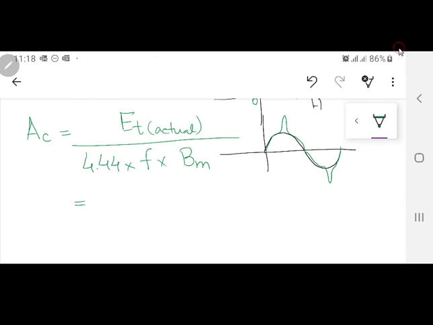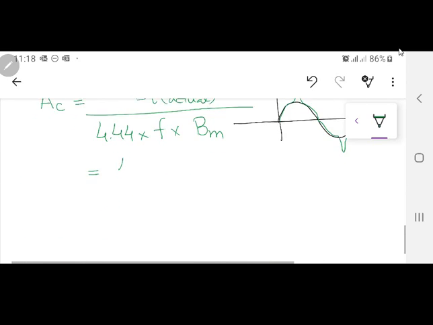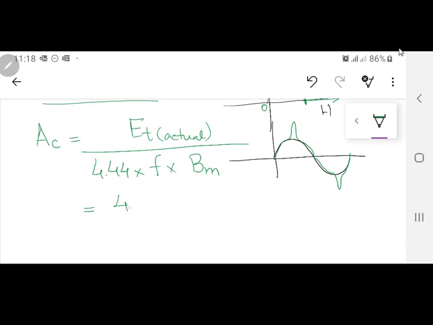No, don't tell me the value, first put the value in. What was the actual ET? 4.913 divided by 4.44 into 50 into 1.7.